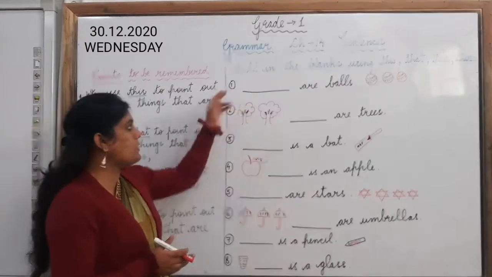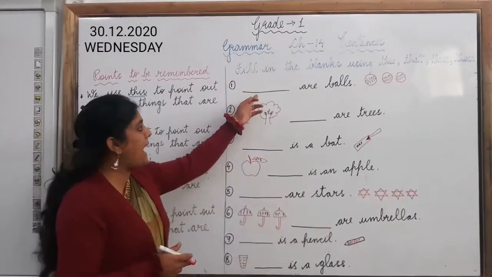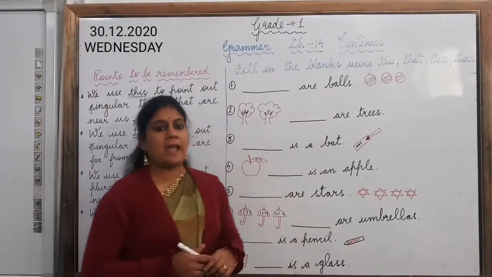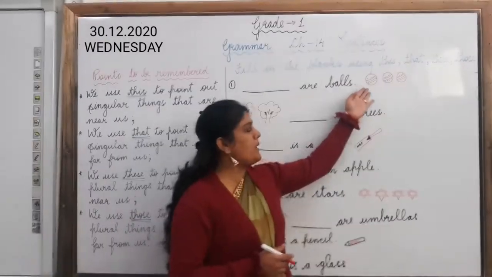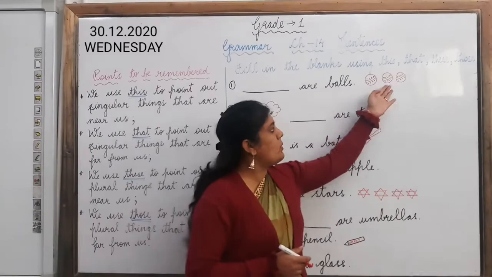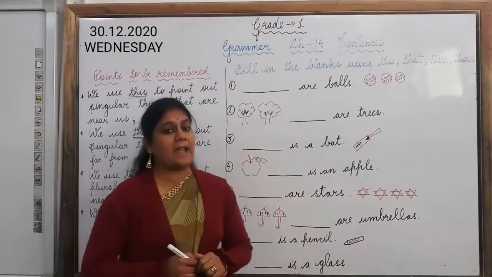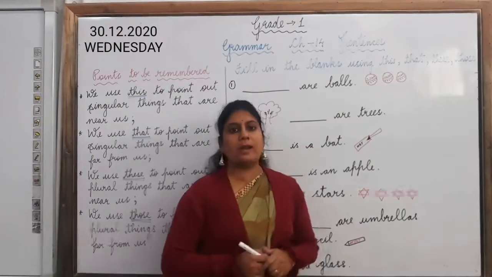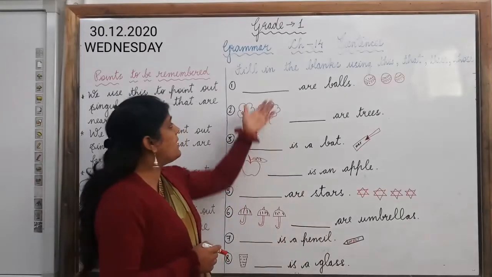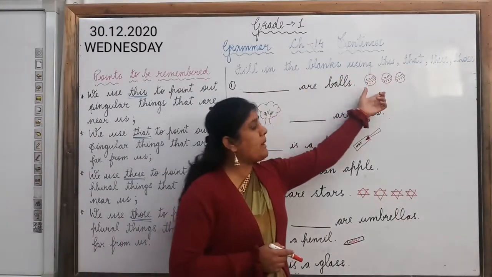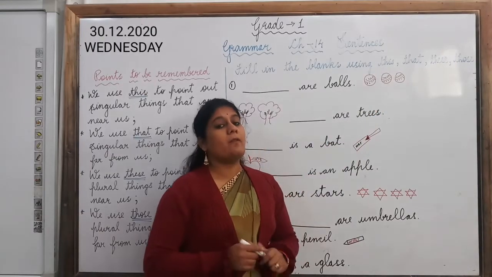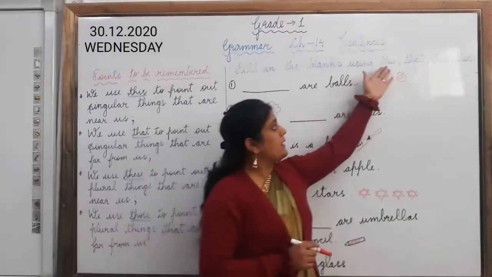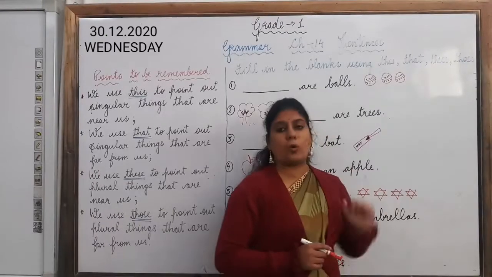Okay. So in the first question you can see dash are balls. As you can see here, I have drawn picture of balls. How many balls are there? 1, 2, 3. 3 balls are there. That means the things are plural in number. And the things are far from the blank, or you can say far from us also. So, which word we will use? This, that, these, those.